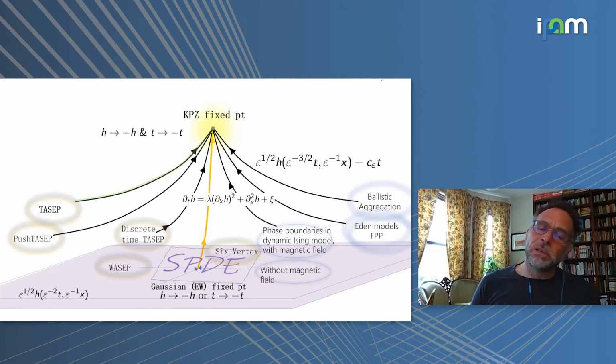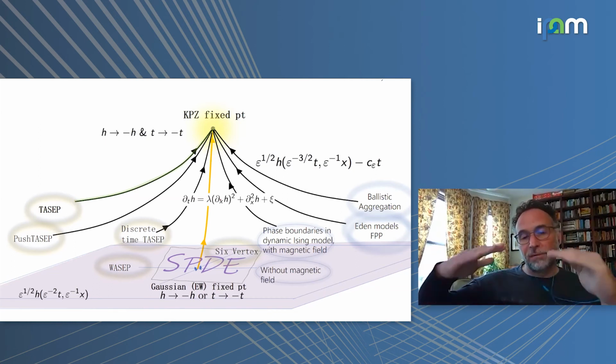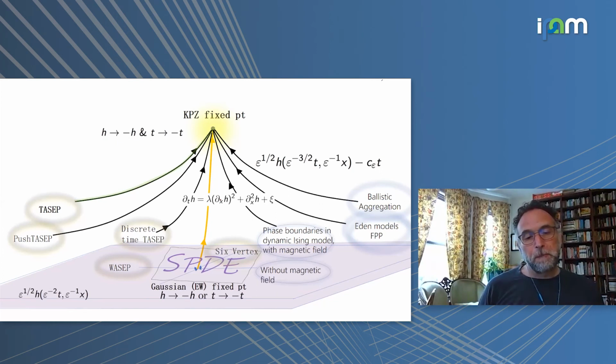Or in the language more of this program, you'd have a potential with two wells which are of equal depth in a reaction diffusion equation. Then these will be sucked into this Gaussian Edwards-Wilkinson fixed point, which would describe this fluctuating boundary, just fluctuating back and forth with Gaussian fluctuations. And it's got this 1, 2, 3 scaling.